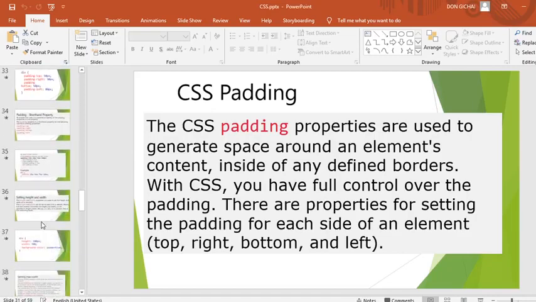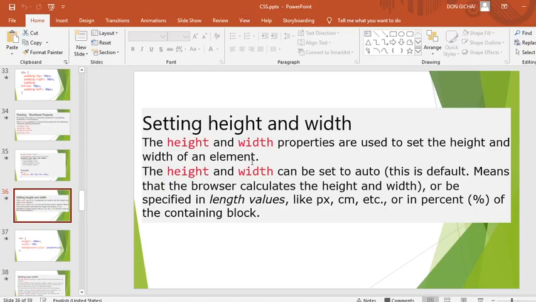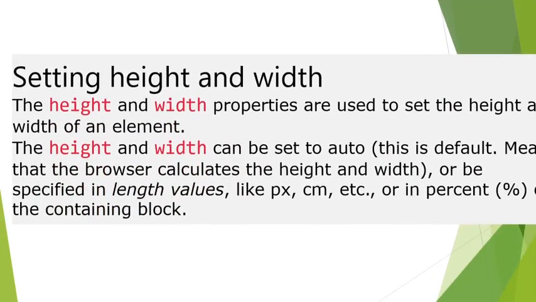Therefore, after looking at that, we can go and see setting height and width. We can set height and width using CSS. The height and width properties are used to set the height and width of an element.